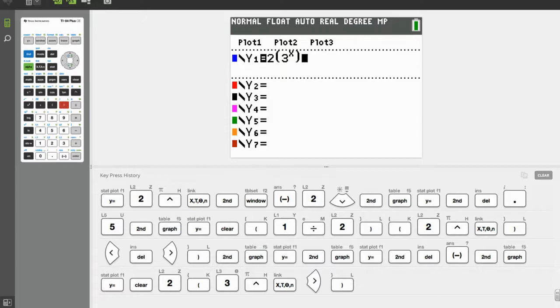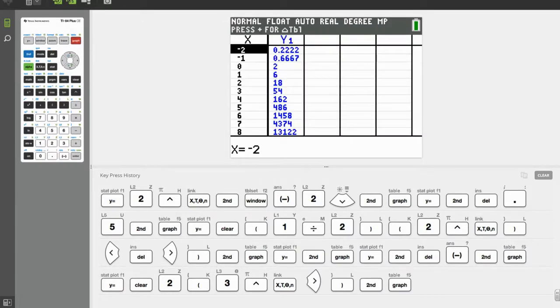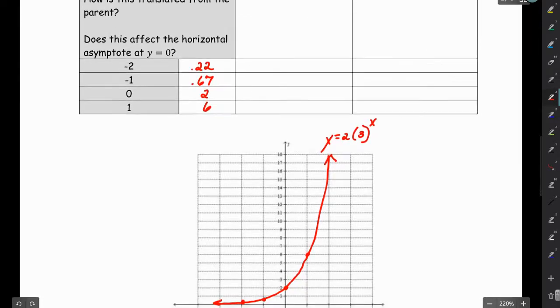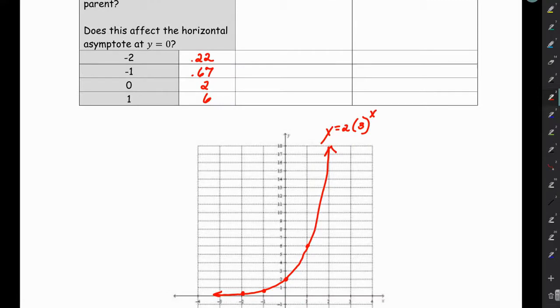Go back to our table of values, and we're going to plot those points. All right, so we can see from our graph that we have a horizontal asymptote at y equals 0.